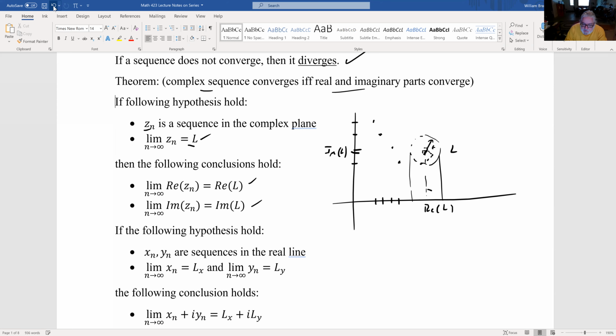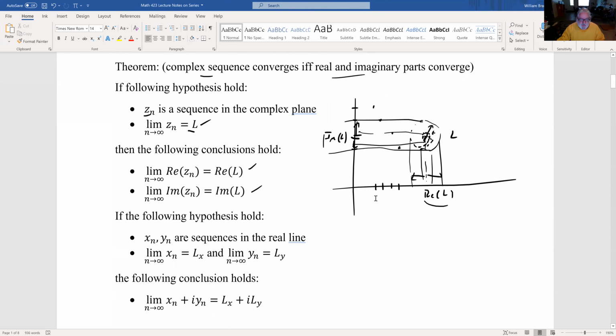And that's a range of epsilon. Then we can also draw another range of epsilon for the imaginary part of L. So what are we saying? If our points end up within epsilon of L, then the real parts and the imaginary parts have to be within epsilon of the real part and the imaginary part of L. So if a complex sequence converges, then its two components, the real part and the imaginary part, also have to converge to the real and imaginary parts of the limit.